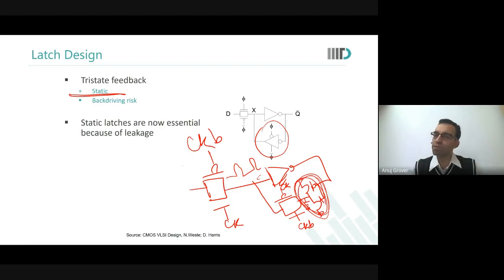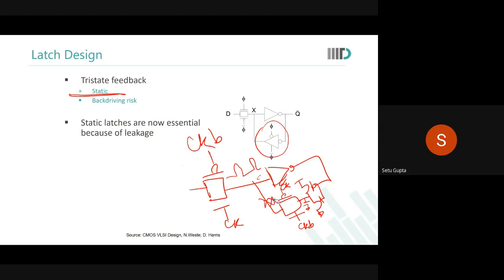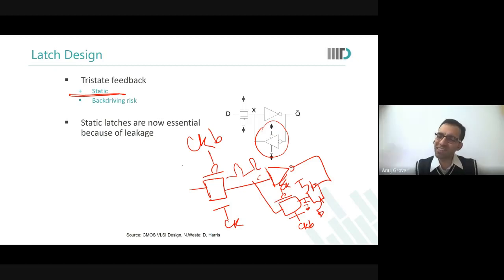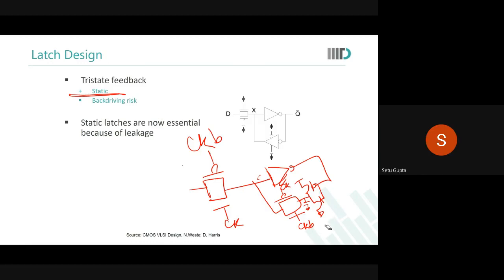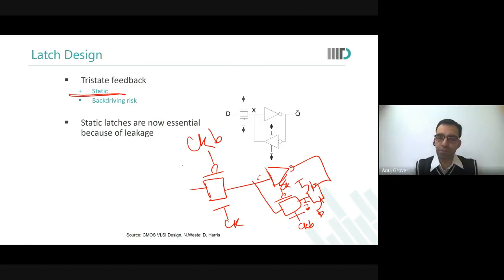It will consume power. It will not drive anything back over here, that is fine, but this inverter will consume power. Are you able to see this? So by using a tri-state, you take care of such things also. Okay, thank you.